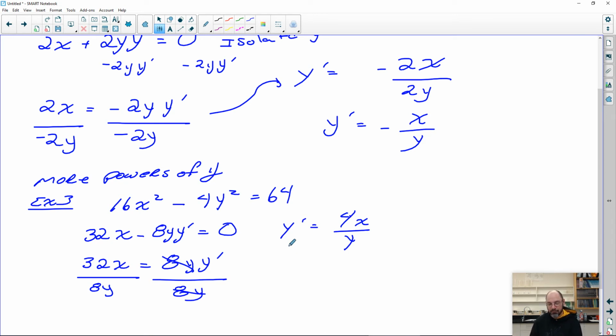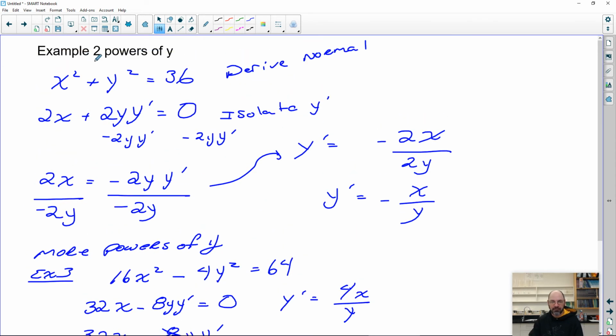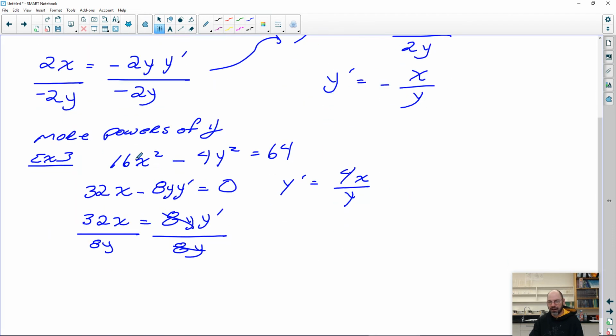Okay, where things get more complex in the final example that I'm going to give you, a couple examples today, and then tomorrow we'll do a few more complex ones, is what happens when you have equations with multiplication in them. So in our third type, after examples with powers of y, now we'll do examples where y and x's are multiplied together.